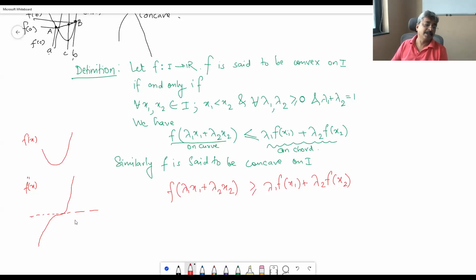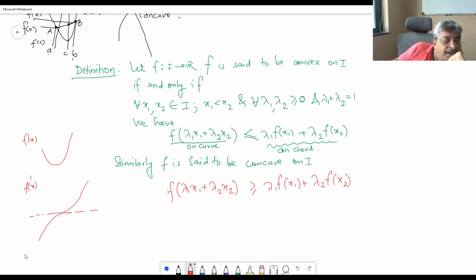Okay, so f dash will look like this, and if I plot f double dash, it is a positive slope, positive slope, positive slope. Slope becomes 0 and still again it becomes positive. Is this going to be horizontal here? No, mistake. f dash is going to be something like this, right?